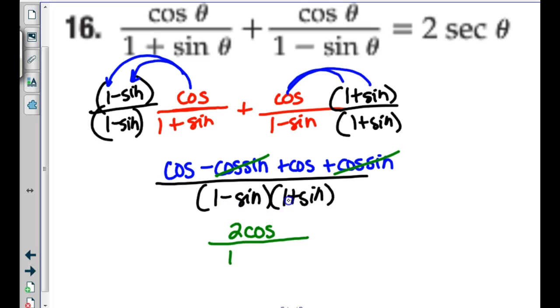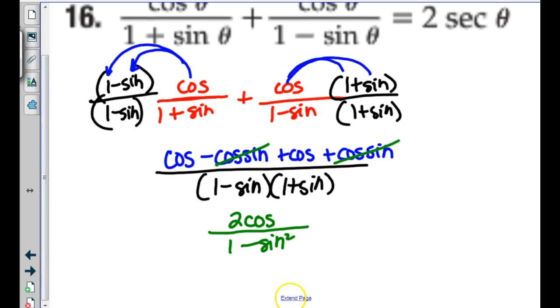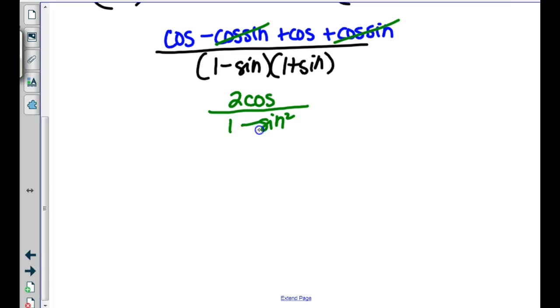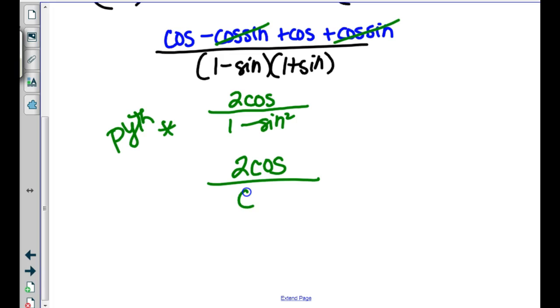We get 1 minus sine plus sine, which cancel, minus the sine squared. Then what? Yes, 1 minus sine squared is a Pythagorean identity. It becomes 2 cosine over cosine squared. Then what?